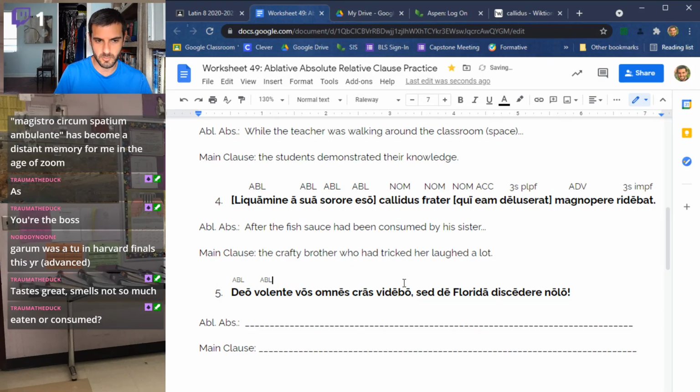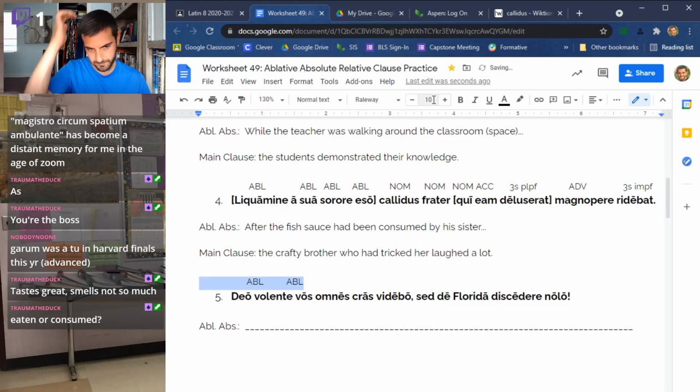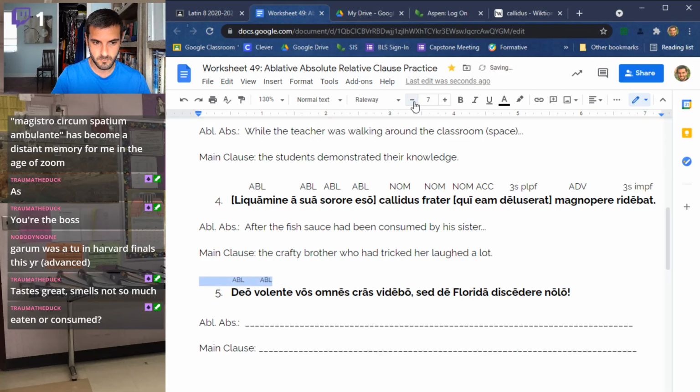Deo Volenta, one of my favorite ablative absolutes, because it basically came into English unchanged. Whoops, too big. I guess that's all that fits. Deo Volenta. No. There we go. Deo Volenta.